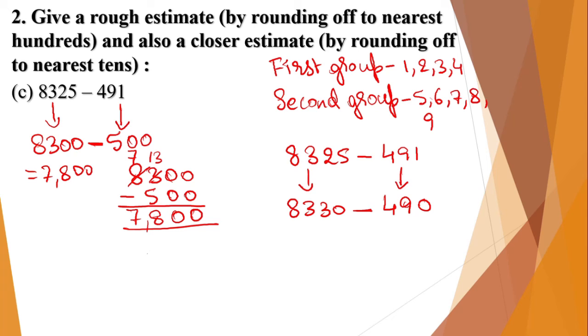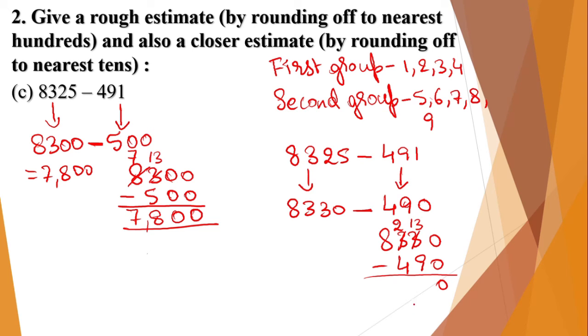Now we got the numbers, so now we should just subtract. So 8330 minus 490. So 0 minus 0 is 0 only, and 3 minus 9 is not possible. So here 3 will become 2, and 3 will become 13 here.